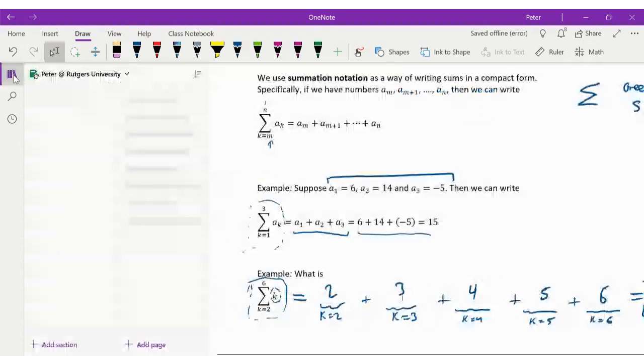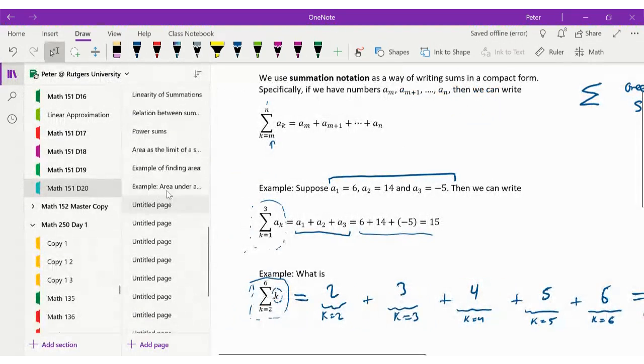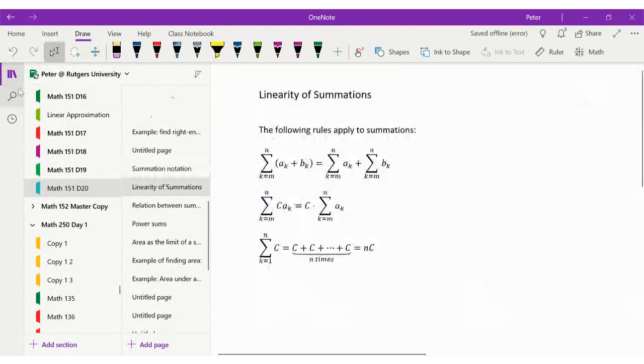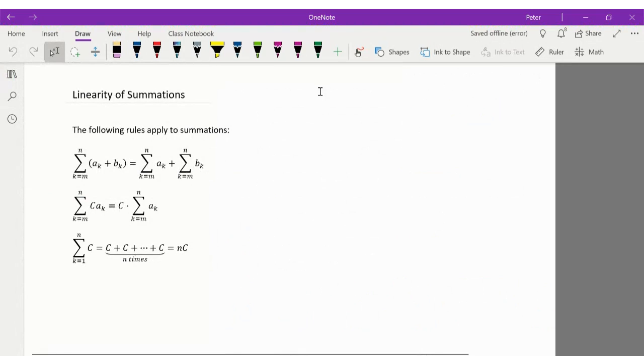So a couple of properties. This is what's called linearity of summations, and it's very similar to the linearity rules that we already saw for limits and derivatives. First of all, if I have the sum of two different expressions, I can just break them up.